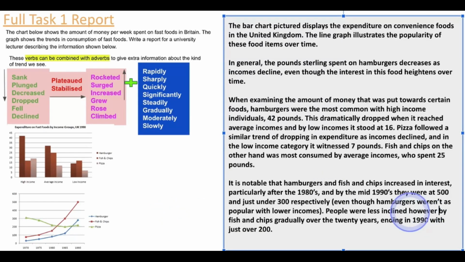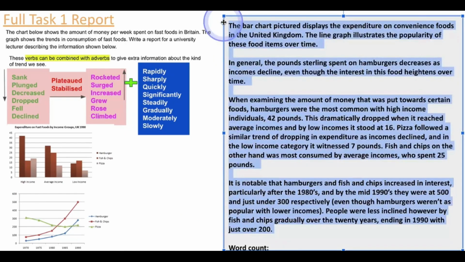We can put in a however there. People are less inclined, however. Okay, then, so we can see how we have structured this. We've just addressed one chart and graph at a time and tried to compare and contrast. Go back, checked our spelling, checked our tense as well. This is in 1990, so we're talking about it as if it was in the past, as it was. And yeah, we're just checking that as we go along.